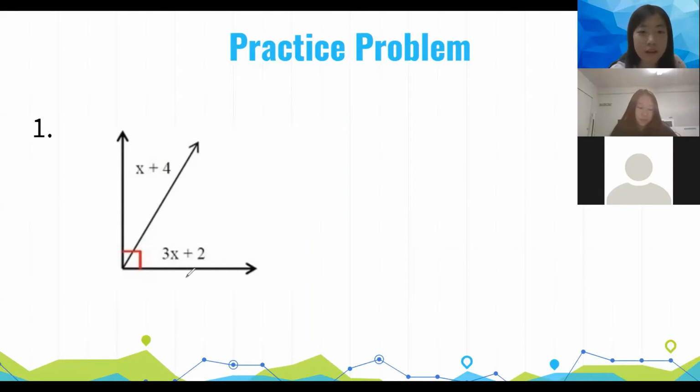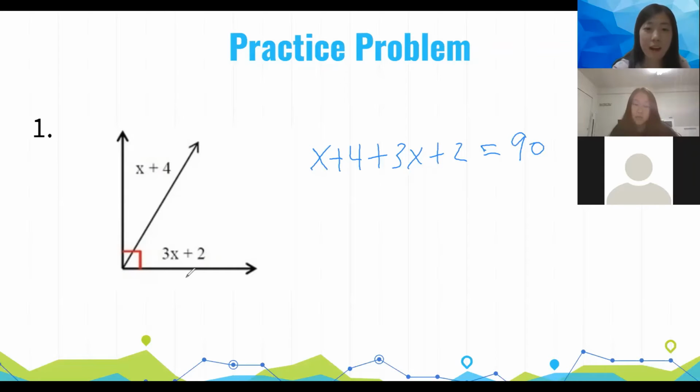So what you want to do is add up the two terms, x plus 4 and 3x plus 2, and set it equal to 90. Then you add up the like terms: x plus 3x equals 4x, and 4 plus 2 equals 6.